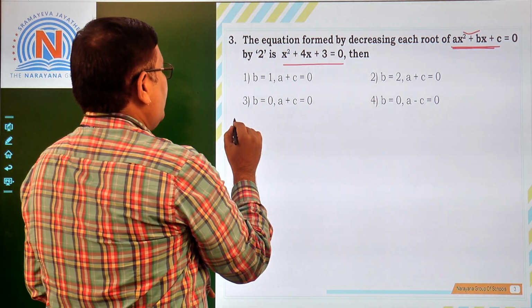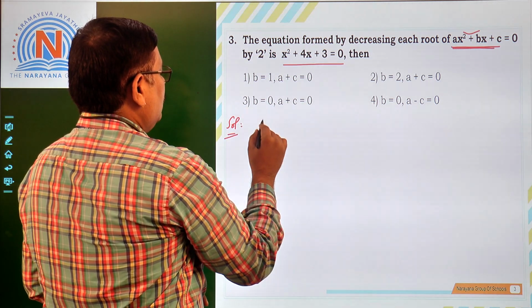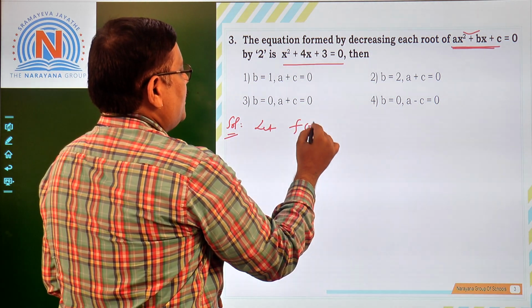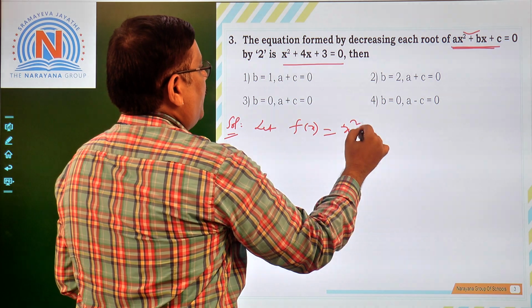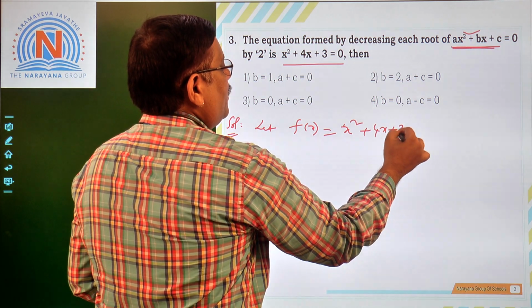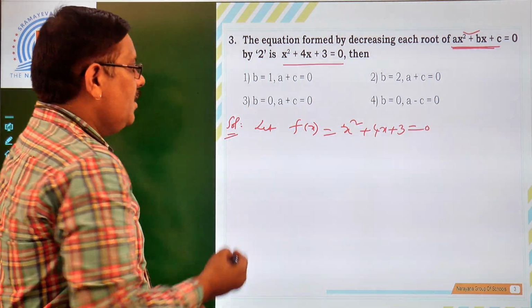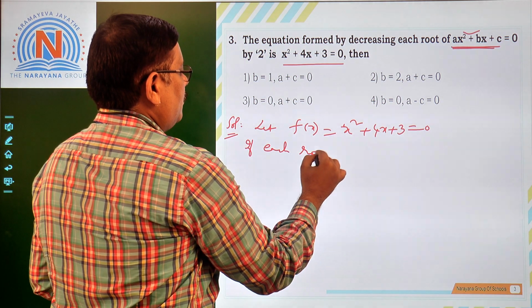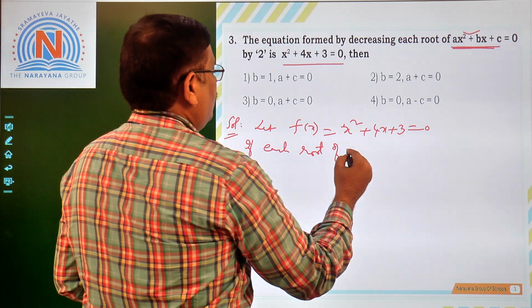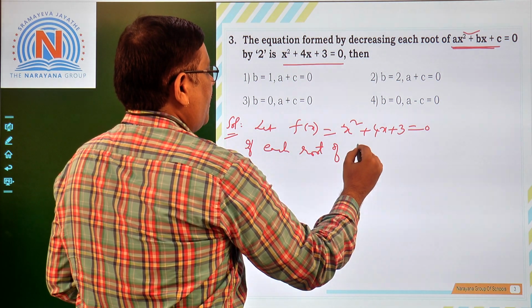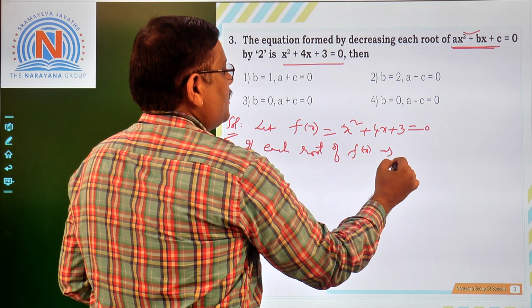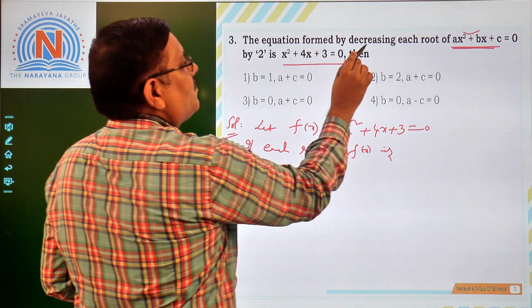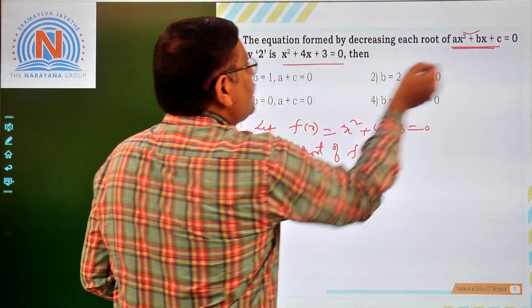Let us take f of x as x square plus 4x plus 3 is equal to 0. Here he is saying the equation found by decreasing each root of this is this.